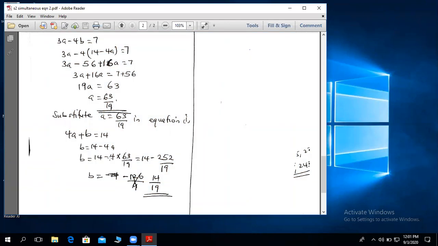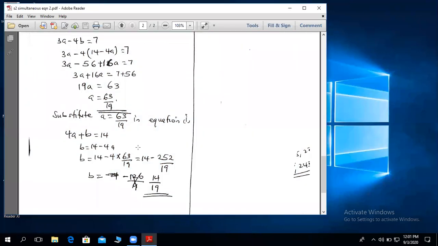When we are multiplying fractions, we multiply the numerators together. 4 times 63 is 252, so negative 252 out of 19.